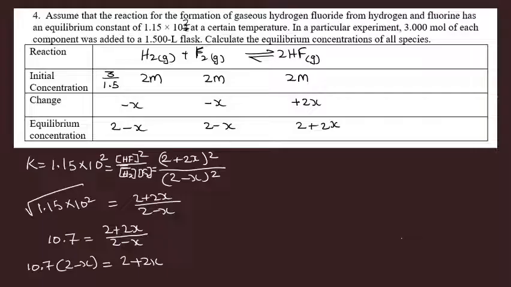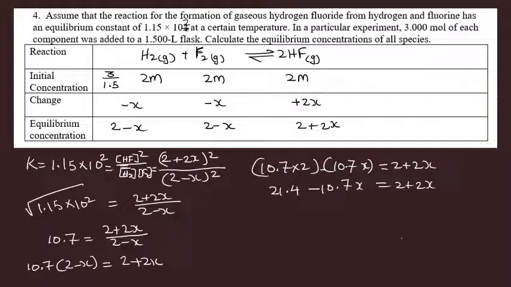And now let us expand that. So that means 10.7 times 2 minus 10.7x equal 2 plus 2x. So this one is going to be 21.4 minus 10.7x, that equal 2 plus 2x. And then 21.4 minus 2 equal 10.7x plus 2x.